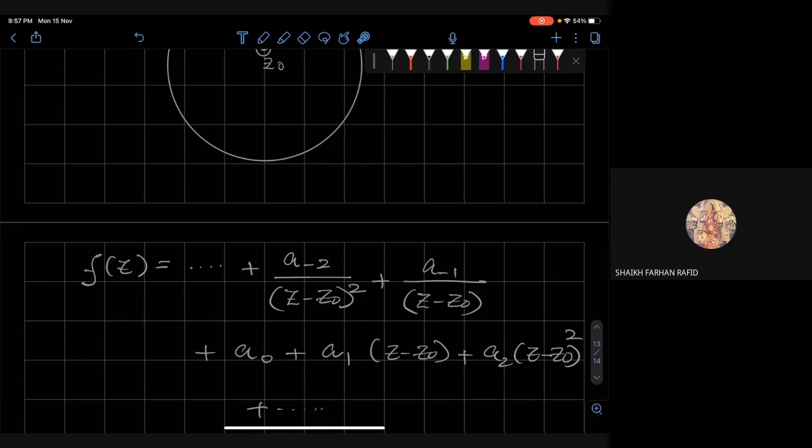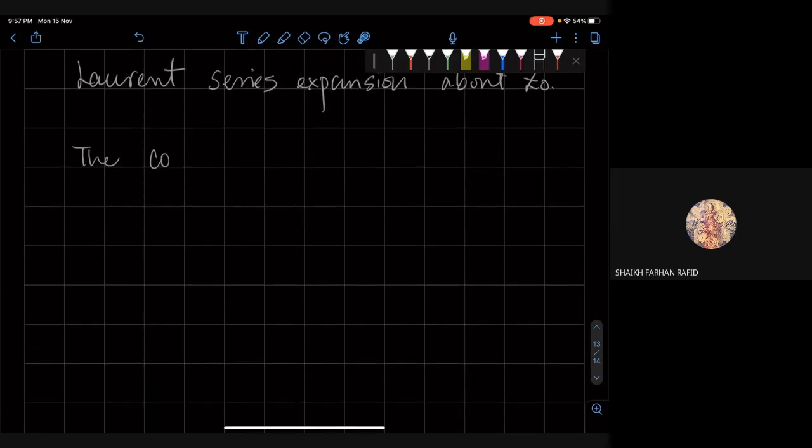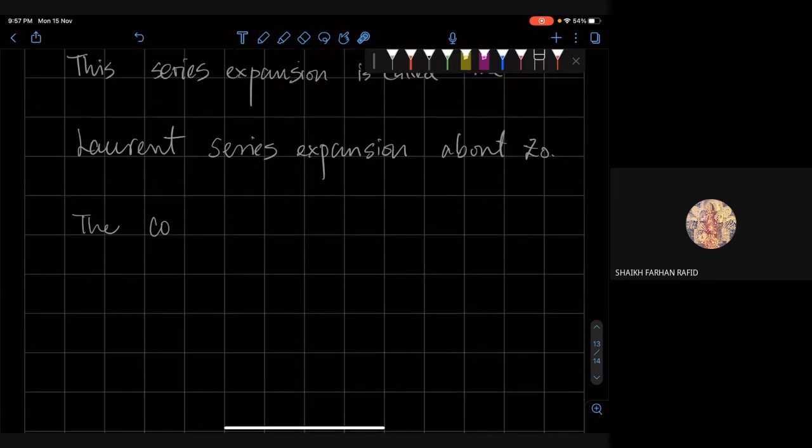So it's a bit like, if you take a function and do the Taylor expansion around some point, the coefficients of the expansion will change depending on which point you're expanding around, right?